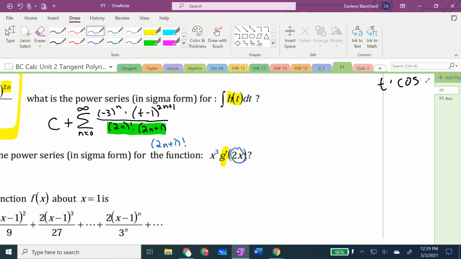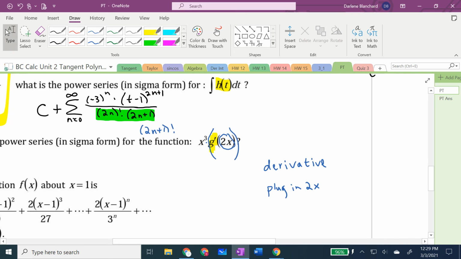So you want to first be aware that you're going to plug in 2x after you have found the derivative. That's got to be at a later time. Then as you look at the rest, you should see that with the multiplication, you have to first get the g prime of 2x and then multiply that by x cubed. And this gives us an order.